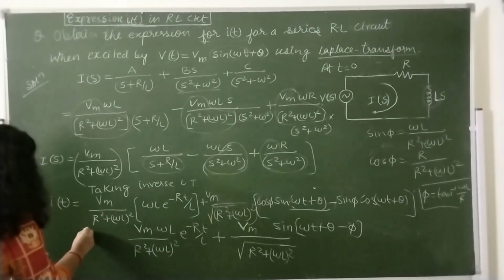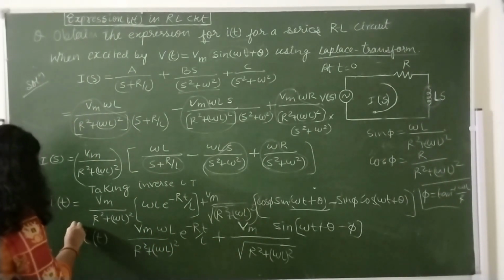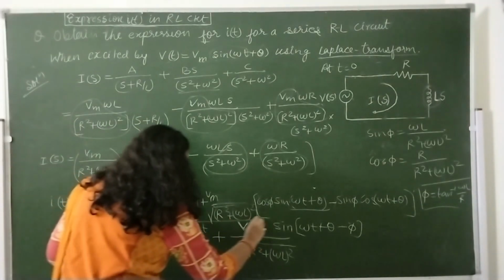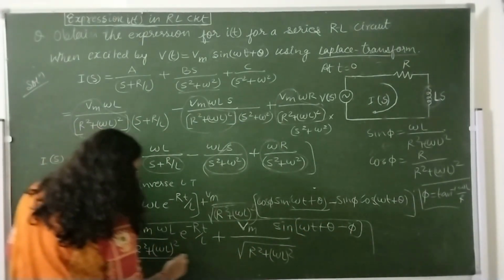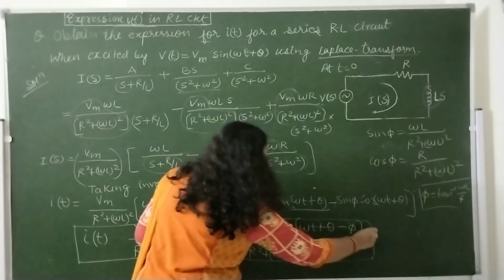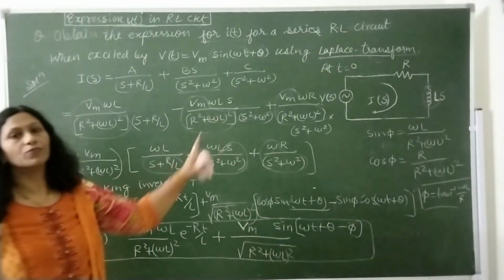So this is the expression of i(t) for the RL series circuit, which is excited by a sinusoidal input signal.